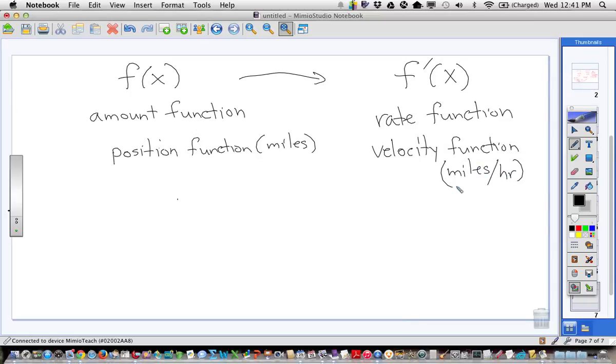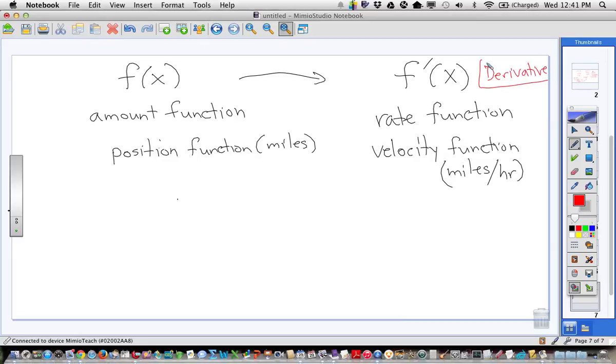Just like on that door swinging open, it was degrees per second. Here it's going to be miles per hour. It's the rate that our position is changing. This is called a derivative. That is the term that we have. A derivative function is a rate of change.